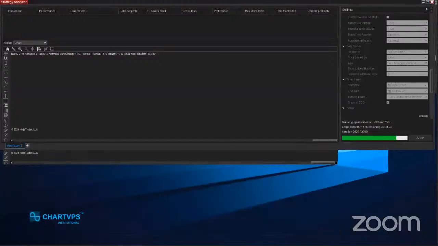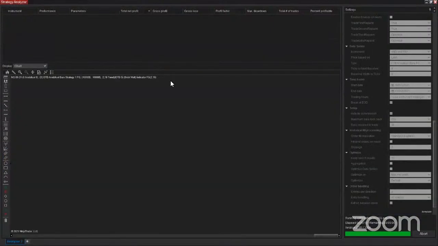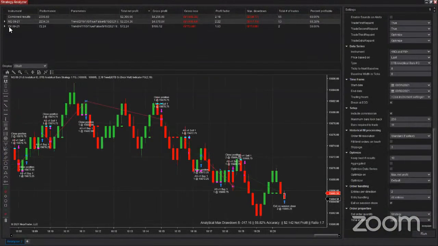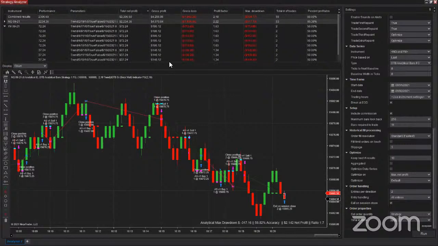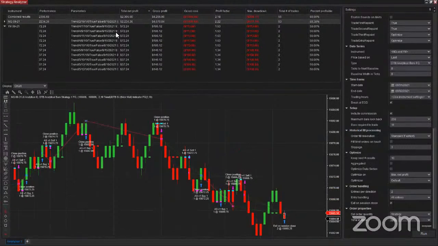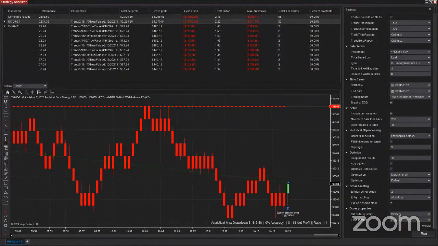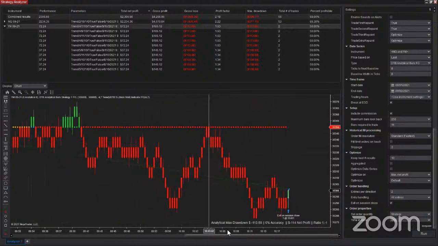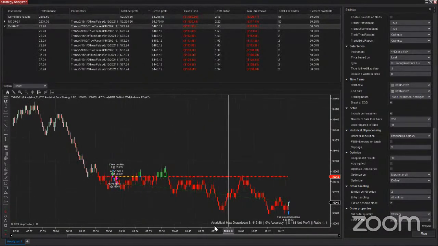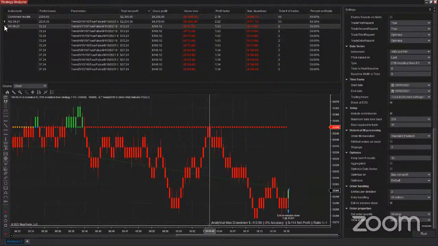So I'll maximize this and bring up the YM. YM, okay, the YM's done nothing of any consequence on the 8-8 bar. Now, bear in mind, that's the 8-8 bar. So you could go and do the YM just on its own.